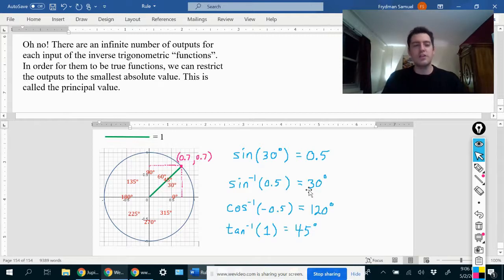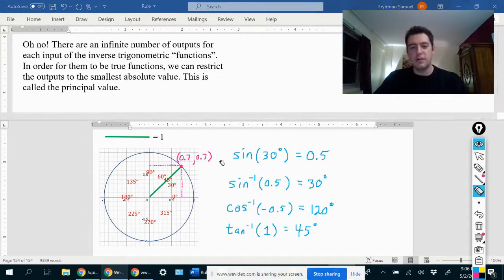It looks like everything is going smoothly, but actually there is a problem because 30 degrees, for example, is not the only angle measure whose sine is 0.5. Can you think of what another one would be?